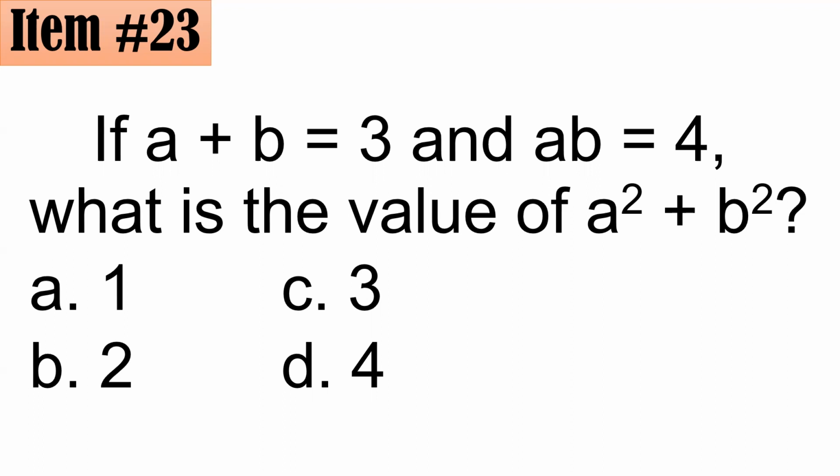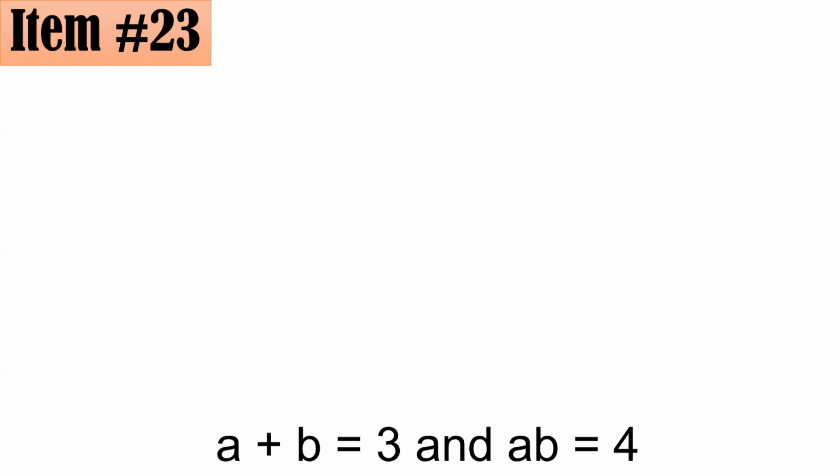Okay. And Sir Chad recommended that we square the binomial, and I do agree with that as well. Siguro yung ginawa po ng iba sa atin ay kinuha natin yung exact value ni A at saka ni B before performing A squared plus B squared. But what is beautiful with algebra is that even without getting the exact values of A and B, we can still find the value of A squared plus B squared.